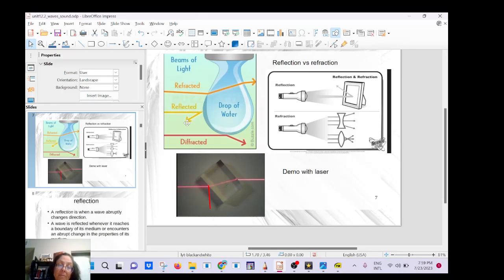They can be reflected. So we already saw that with sound. We talked about reflection, echolocation, and waves can be diffracted. So this is refraction, this is diffracted. Diffraction happens when wave bend. There is a corner here, it bends around the corner. Okay? So you can have that with light and you can have that with sound.